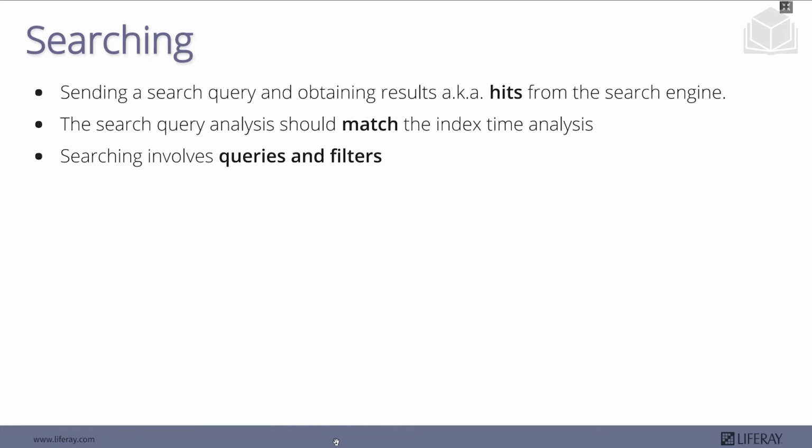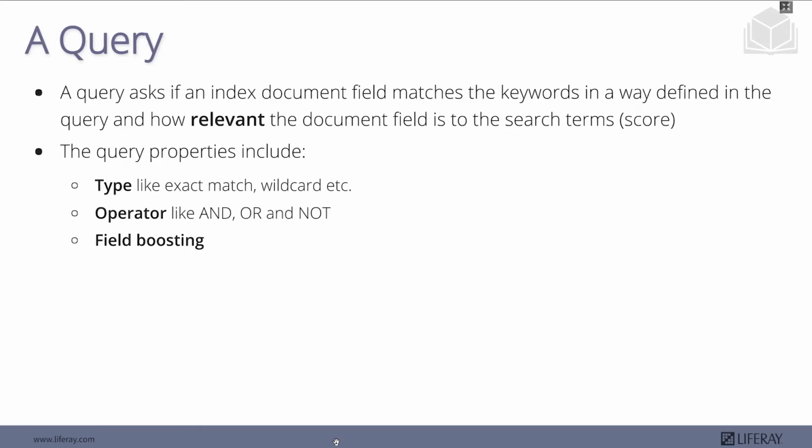And then when we are searching, there's the idea of queries and filters. So we'll talk about each one. A query is asking if the index document contains specific keywords that we are looking for. So if I'm looking for apple, orange, fruit, whatever, right? The query is going to check that index document and see, hey, are these keywords there or not?